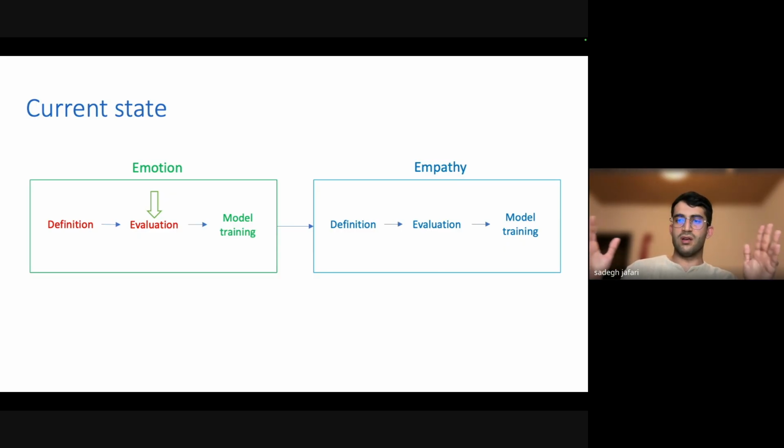Because the emotional data sets are really limited, we need to augment these data sets using different faces, different voice tones, different contents. So this is our synthetic data set that we can make.